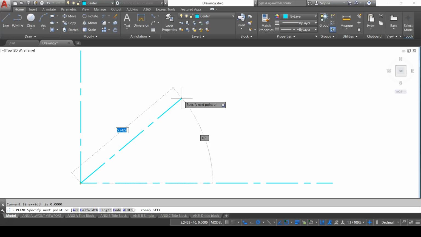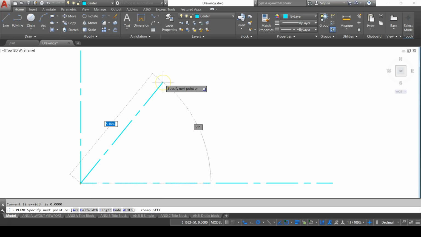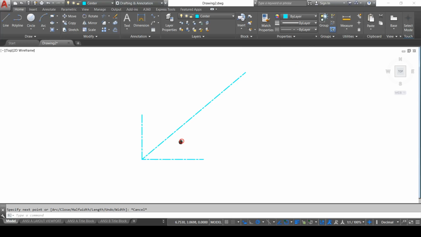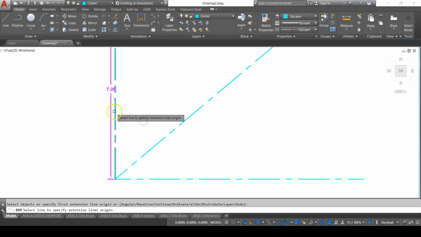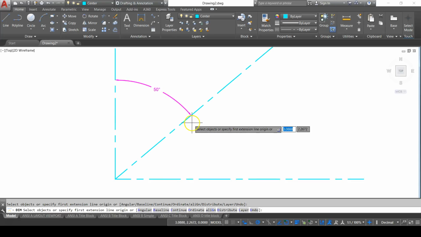I'll type in the length of the line, not at a random length, at 22, because we're given the diagonal distance as 22 centimeters. So I'll type at 22, alligator symbol, 40. This is 40. Ooh, that's a long distance. This is because the 50 degrees, it's from a vertical line, and I can confirm this with a dimension in AutoCAD.